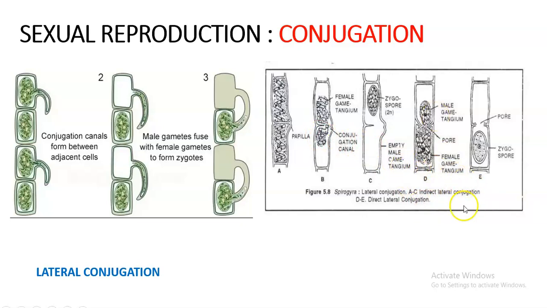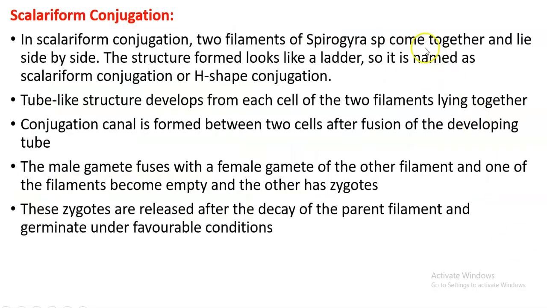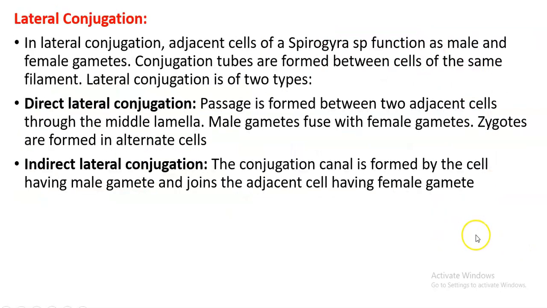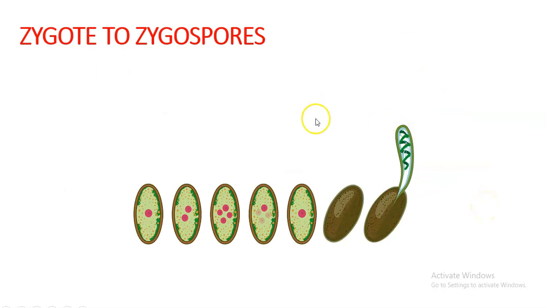Coming to the explanation part, I have already given the scalariform conjugation explanation here and lateral conjugation explanation here. Then finally in all the cases, when the male gametangium transfers its protoplasm to the female gametangium, the fusion will happen and a zygote will be formed. You can see that the zygote will be secreting a wall around itself to form a zygospore, and the zygospore will be waiting till the unfavorable situations are over.